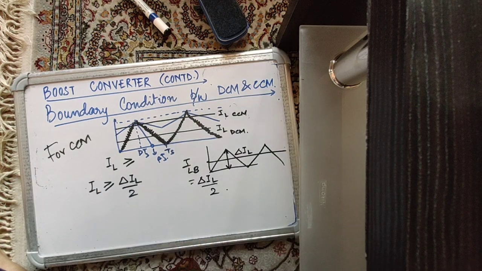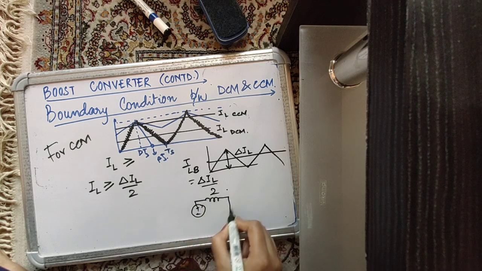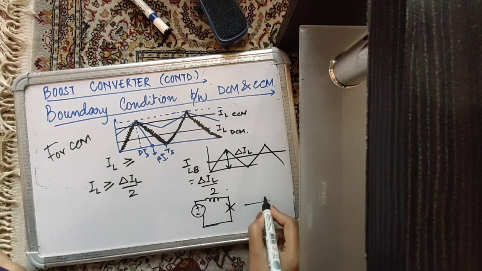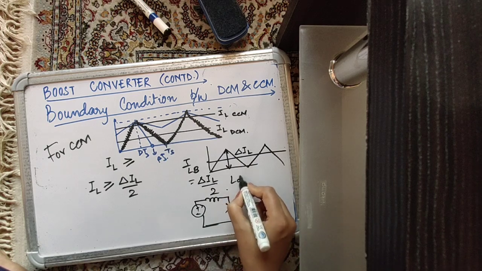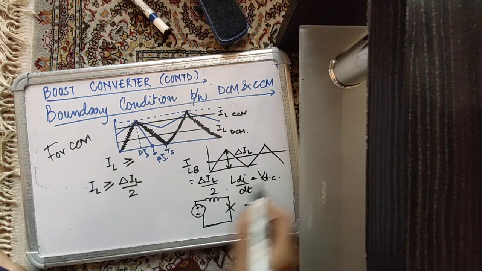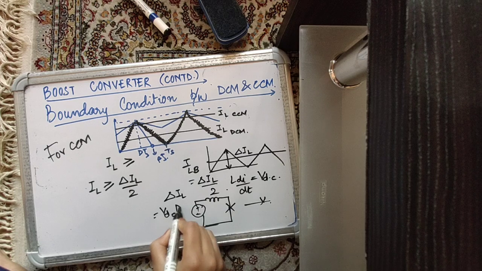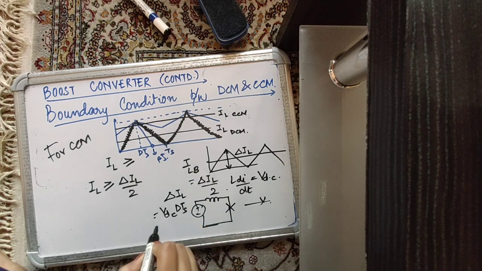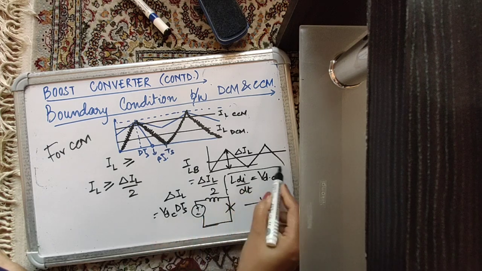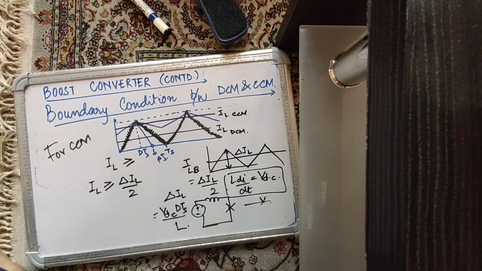Now let's manipulate this equation a little bit. If we see the boost converter circuit during the energy storage interval, we have L di by dt, that is the voltage across the inductor, equal to VDC. So delta IL is equal to VDC into DTS divided by L, over the interval 0 to DTS.